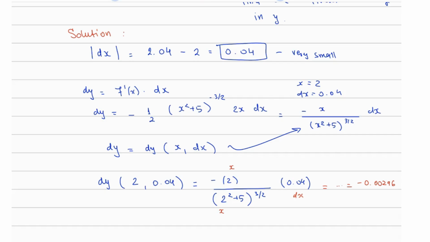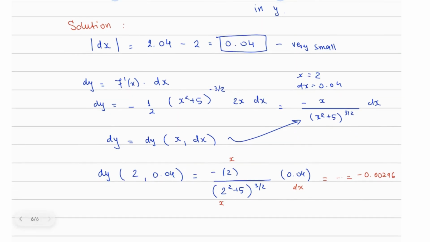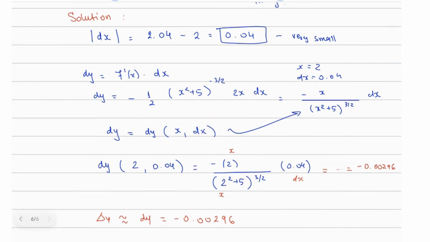Hence the approximate change, dy, is approximately the same as delta y, and that is minus 0.00296. And that is the example of how to use the differentials.